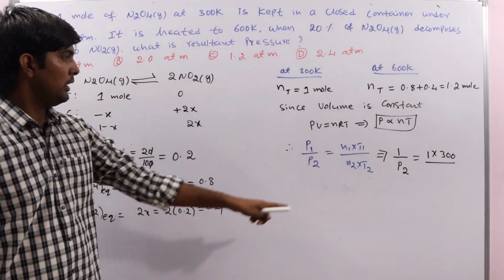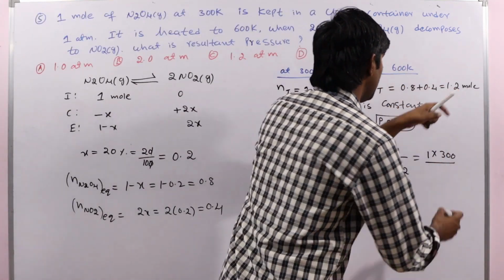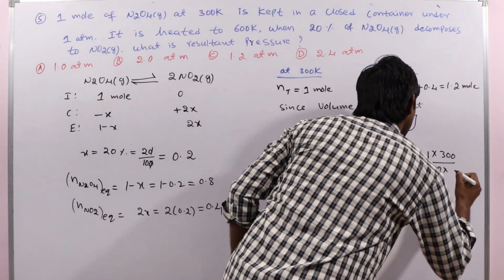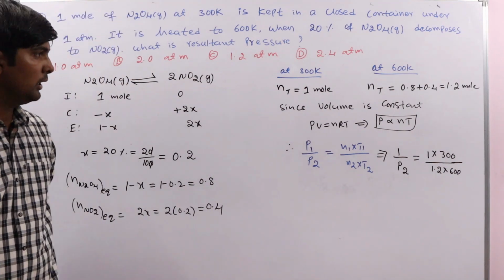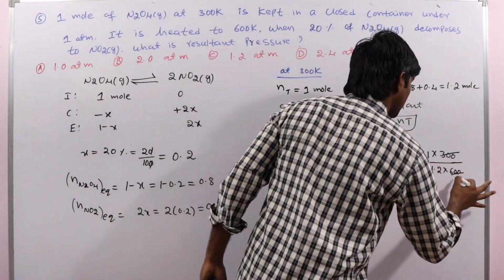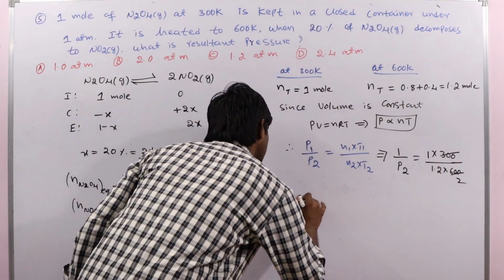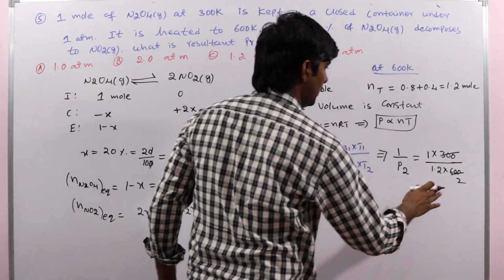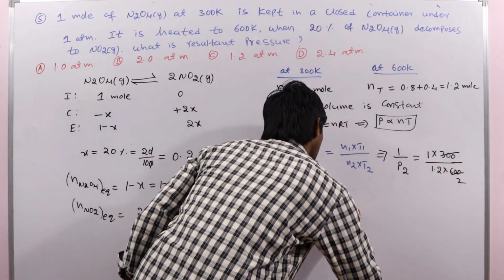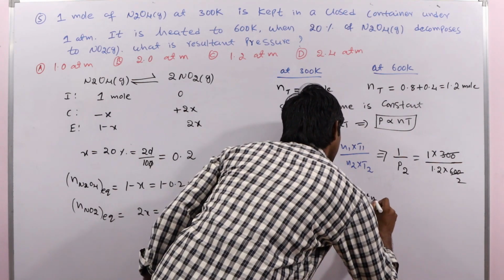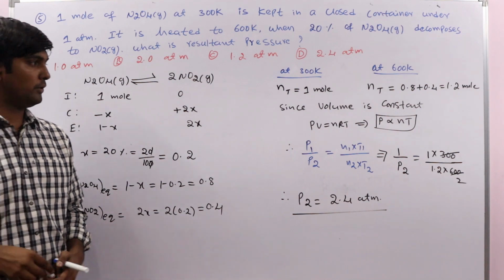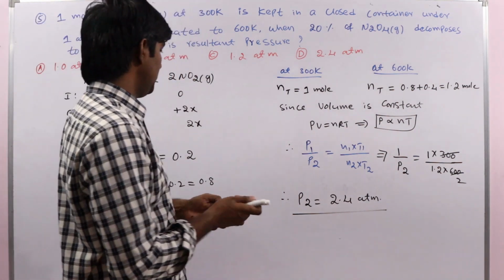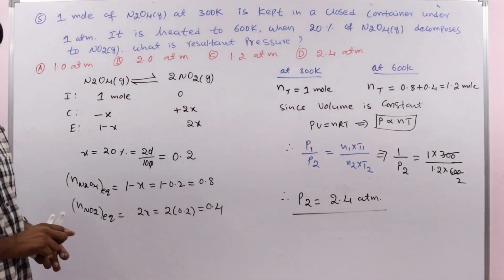N2, the total moles at 600 Kelvin, is 1.2, and the temperature is 600. Here 300 cancels 2 times, so P2 is equal to 1.2 into 2, that is 2.4 atmosphere. So P2 is 2.4 atmosphere. This is another different and important model.